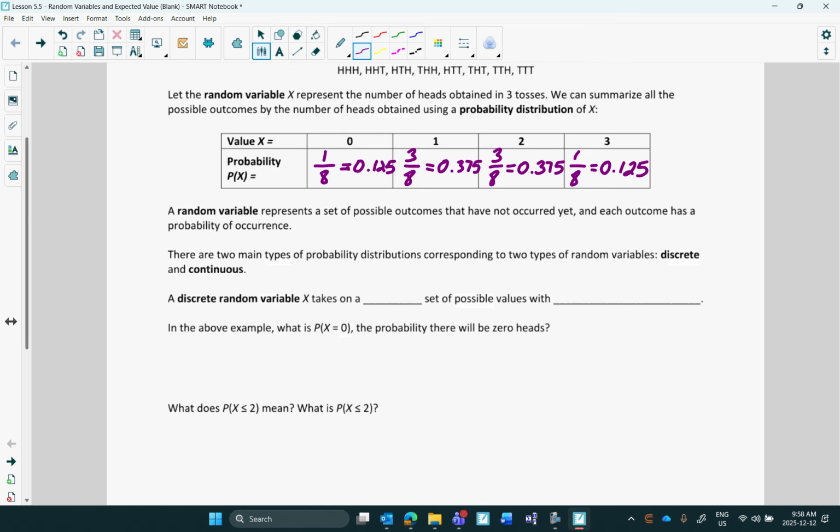This is also known as a discrete random variable because it takes on a fixed set of possible outcomes, okay, with no gaps in between.